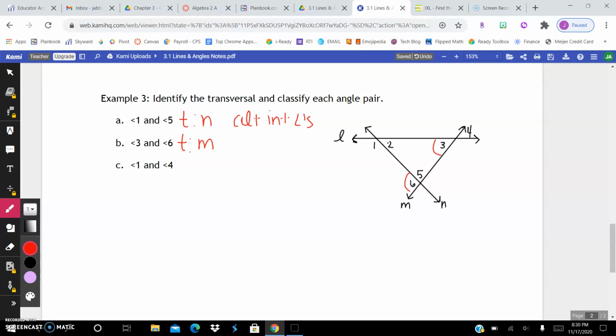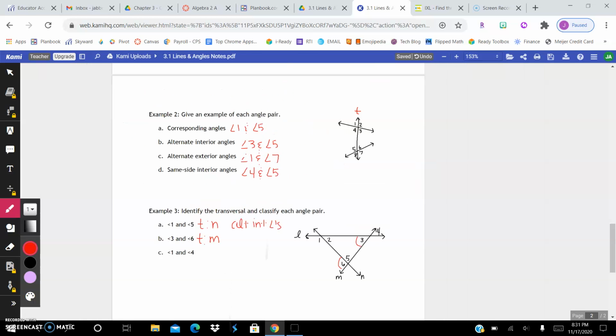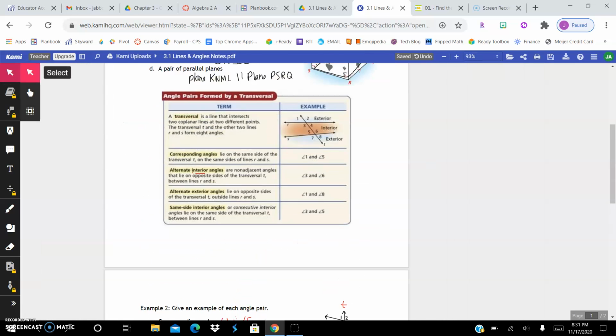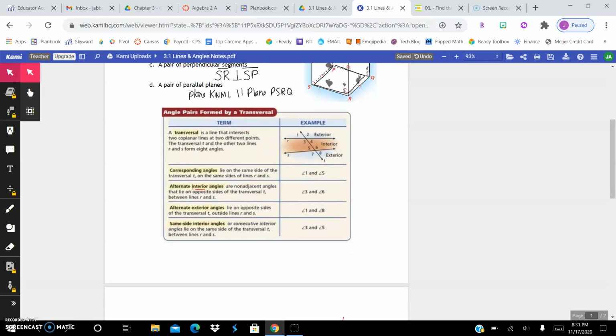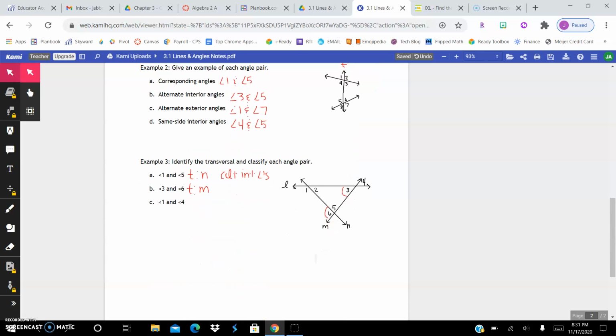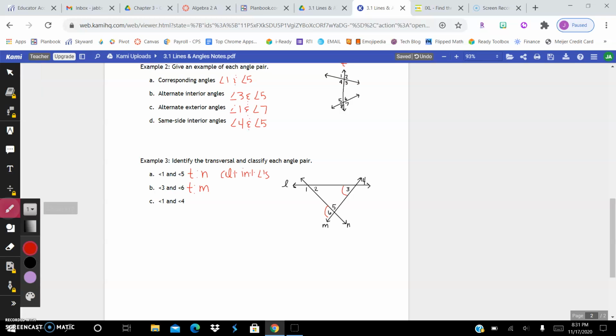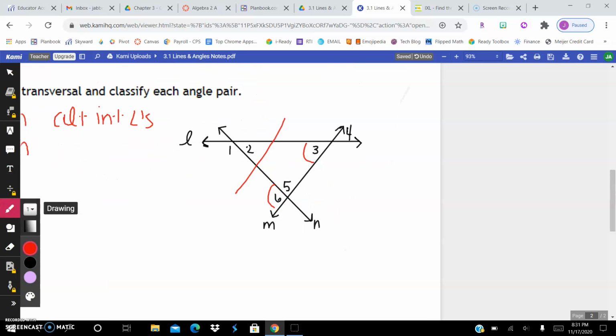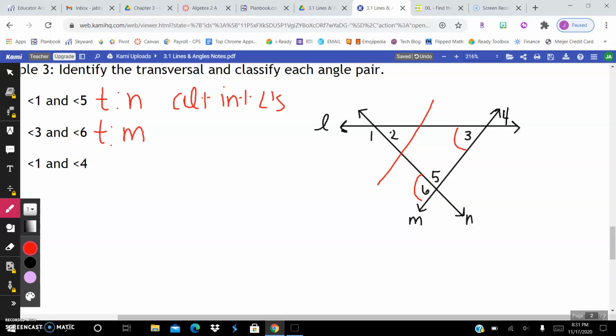They are corresponding angles because remember, corresponding angles, if we go back up here, are on the same side of the transversal on the same sides of lines R and S. So if we cut off this part of the picture and just look at where the 3 and the 6 are on those sets of angles, they are both in the bottom left-hand corner of the pictures. So they are called corresponding angles.